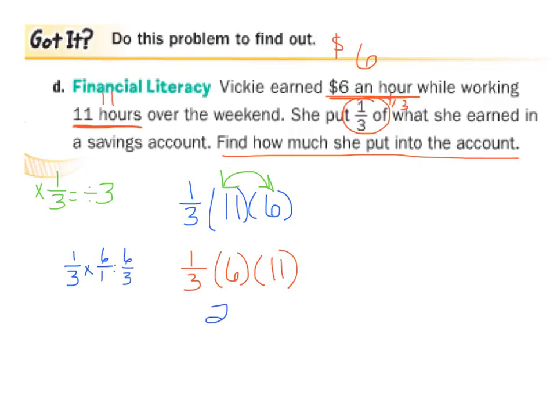We get 2 times 11. And so she put $22 into her savings account. And I was using the commutative property because I changed the order.